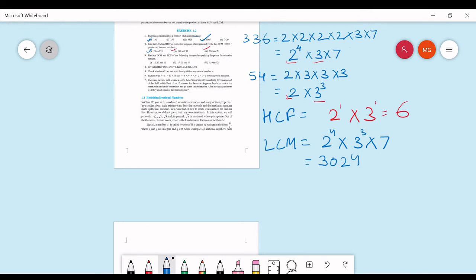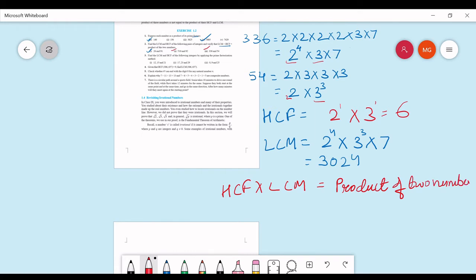And similarly, to prove this, LCM multiplied by HCF is equal to the product of two numbers. You will be doing this multiplication on your own. HCF multiplied by LCM is equal to product of two numbers, right?